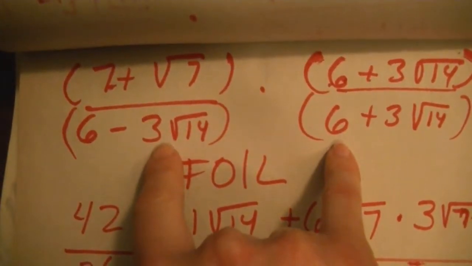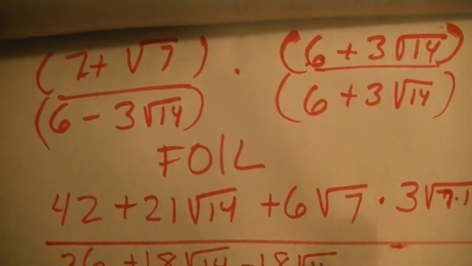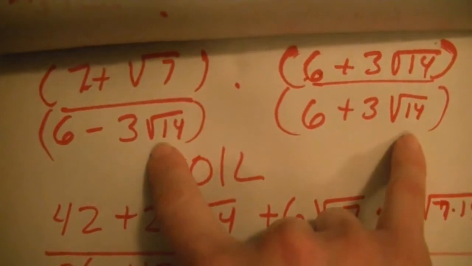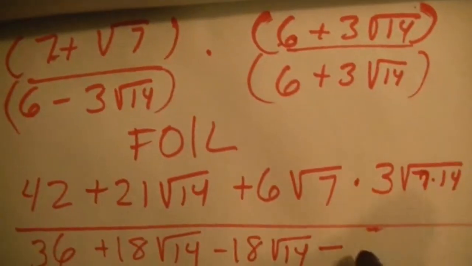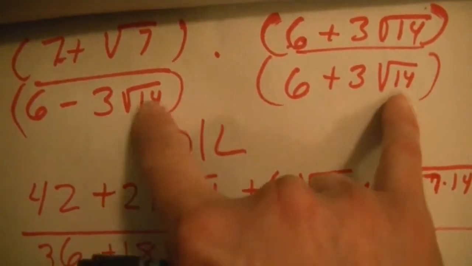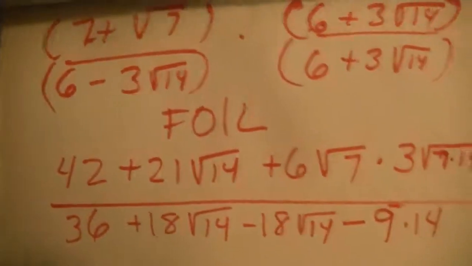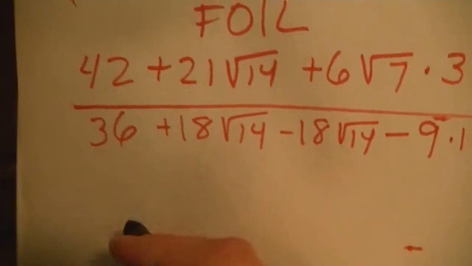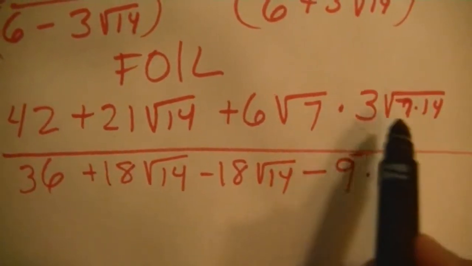Inner terms, 3 times 6 is negative 18 square root 14. And then negative 3 times 3 is negative 9 times 14, because the square root of anything times itself is just itself. Okay, progress.